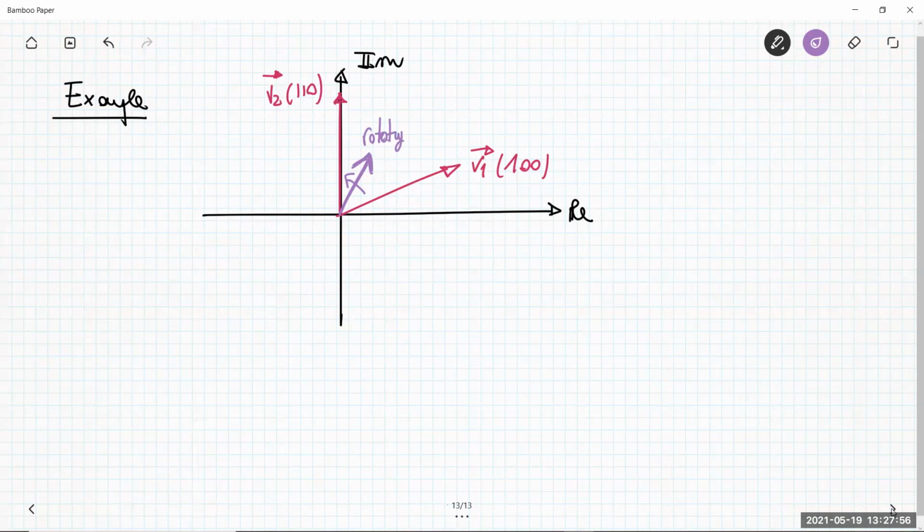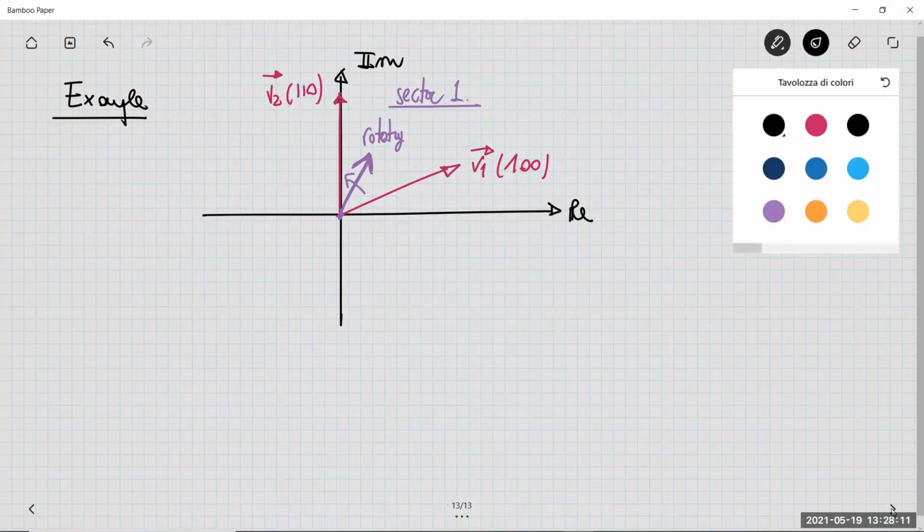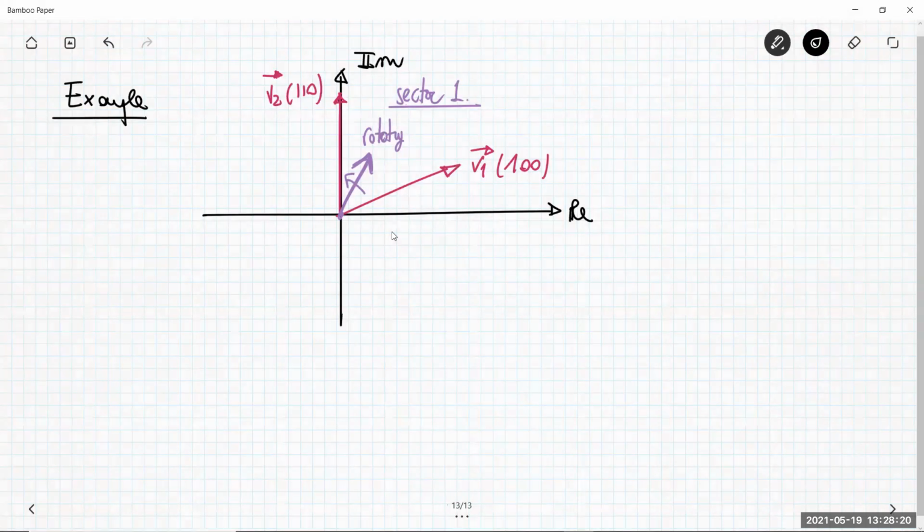Let me just consider this representation here. So you have the sector number 1. In which way can I use space vectors, the red vectors, to synthesize the moving rotating vector?